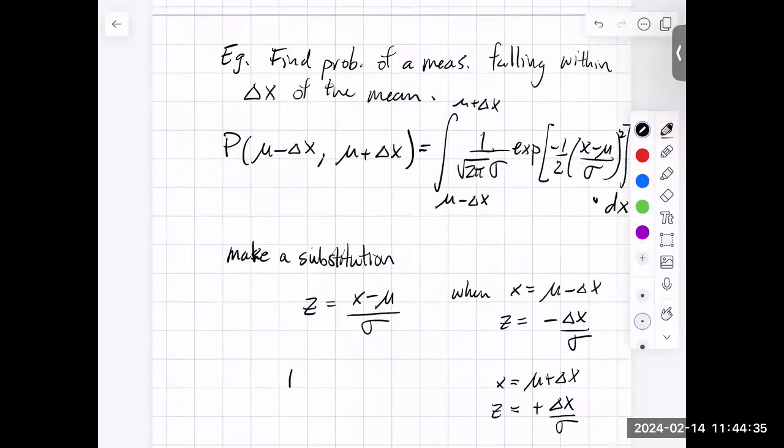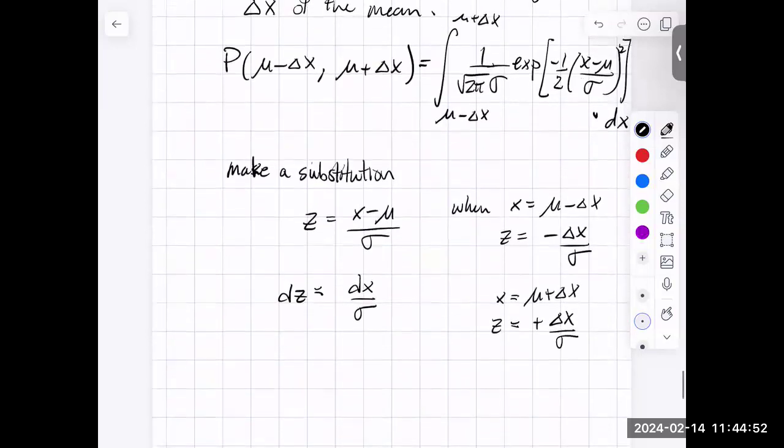Okay, and then if I take the differential of this thing, dz, mu is a constant. Its differential is just going to contribute 0. And so we get dx over sigma. And we just want to substitute these things in.